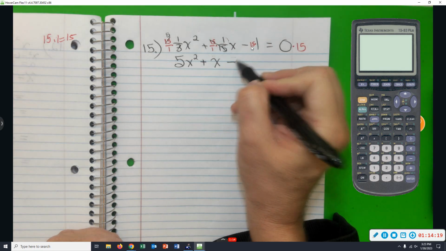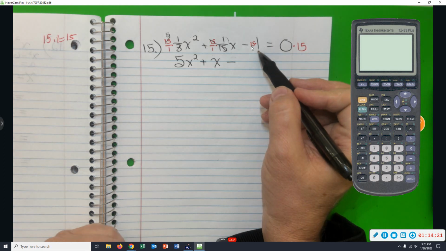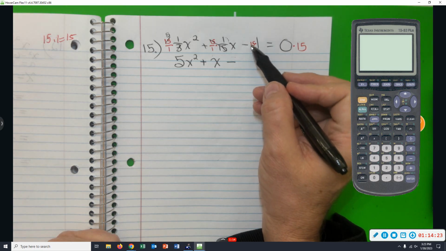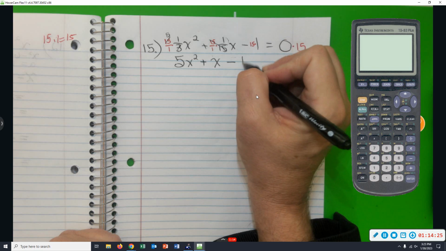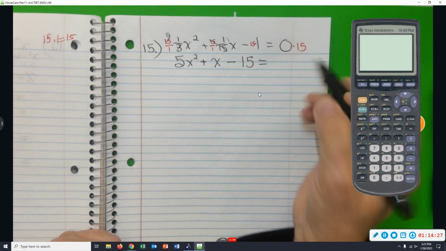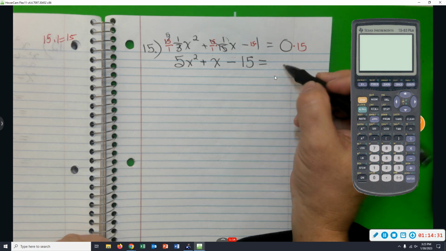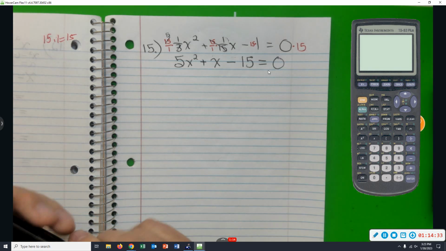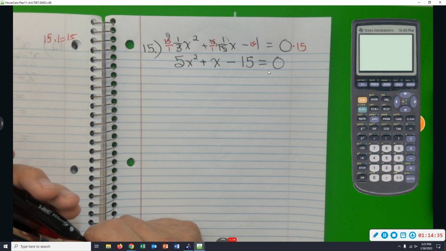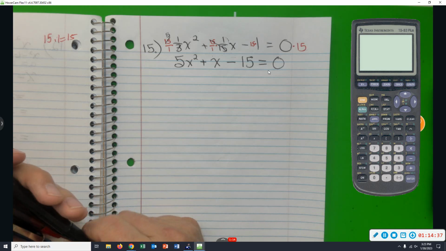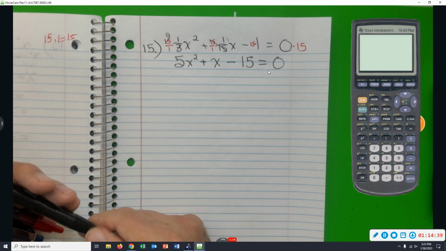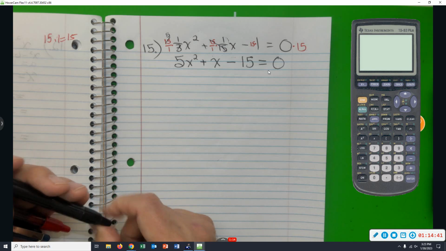There's no denominator here, so there's nothing to cancel out. 15 times 1 is just 15. 0 times 15 is 0. I think that looks easier for A, B, and C than the 1/3 for A and the 1/15 for B.